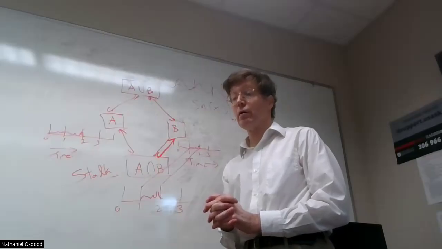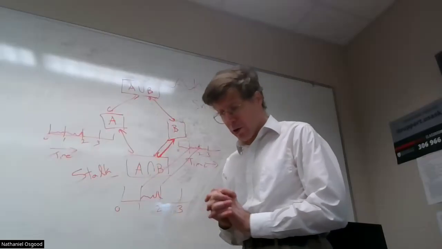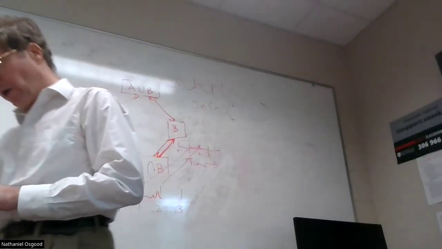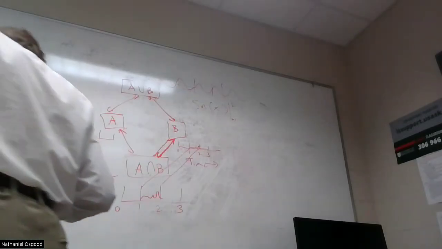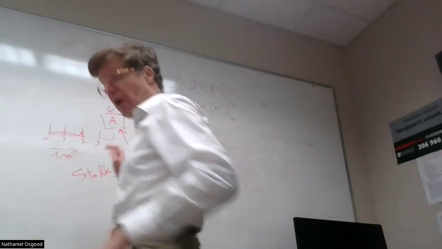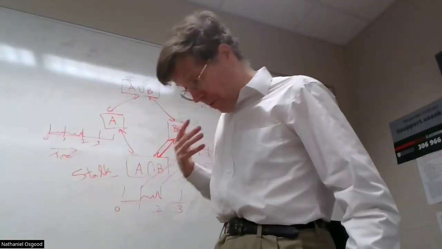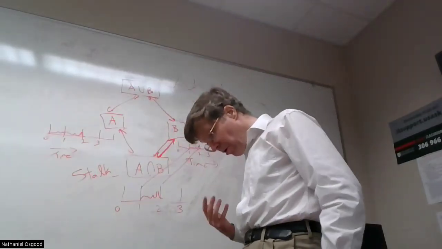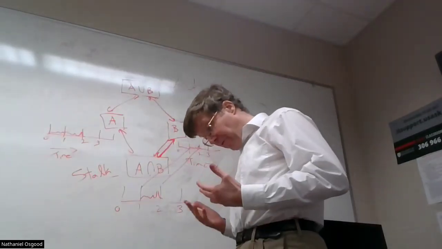It's not clear. Yeah, so this is a good question. What we'll see as the semester goes on is that there are times where we don't start with a geometrical space. We start instead with some sort of logical structure of the situation.